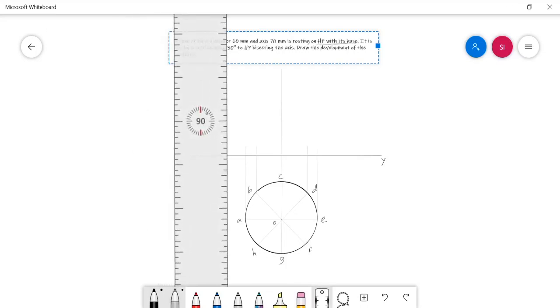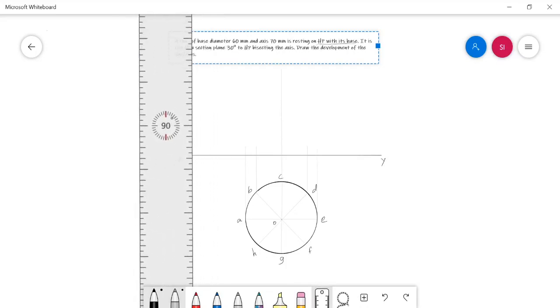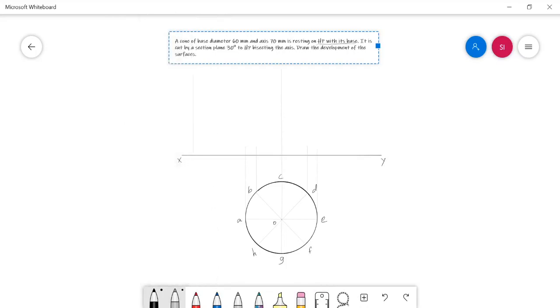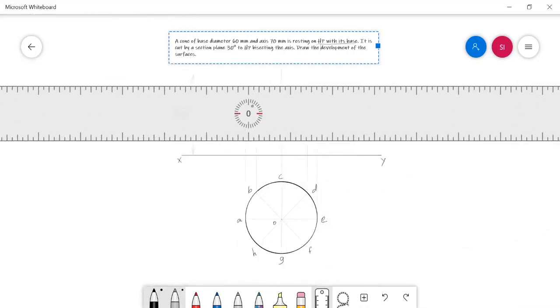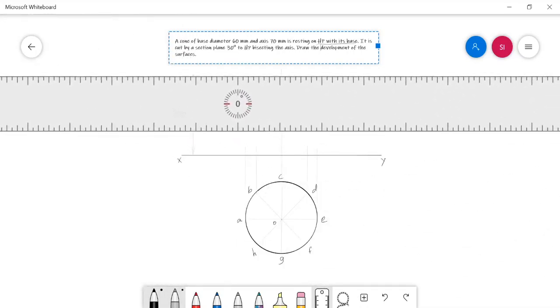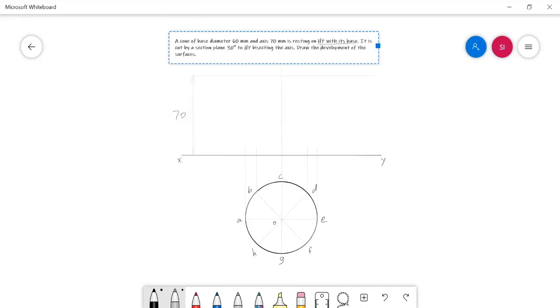The axis height of the solid given in the problem is 70 mm. So at that height I am fixing the apex point in the lateral view of the solid. And the diameter is 60 mm.